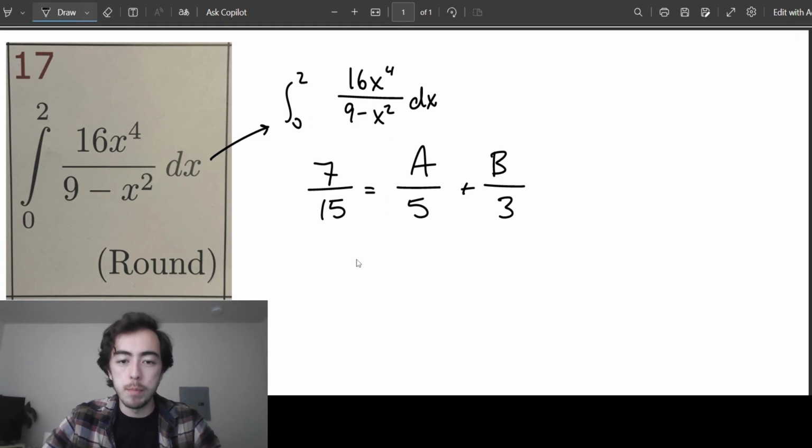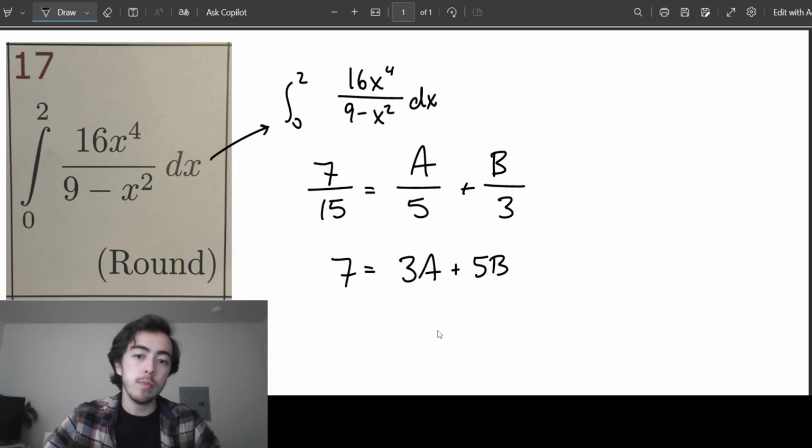We could multiply both sides by 15 here. So we get 7 is equal to 3a plus 5b. And then I'd need to play this game of trying numbers for a and b until I get the value 7. I think for this one, I might even need a minus sign. It looks like if this is a 10 and that's a -3, I get what I want.